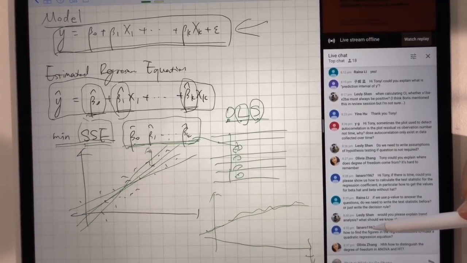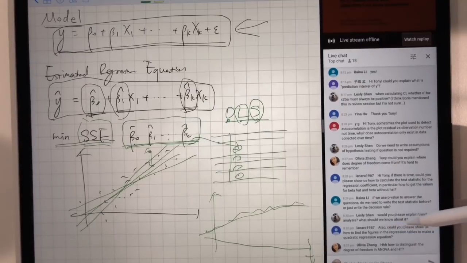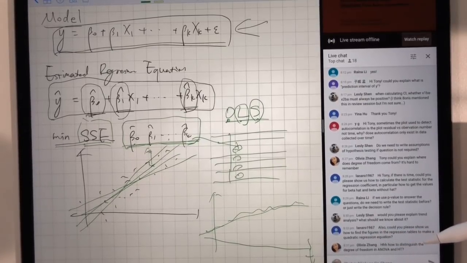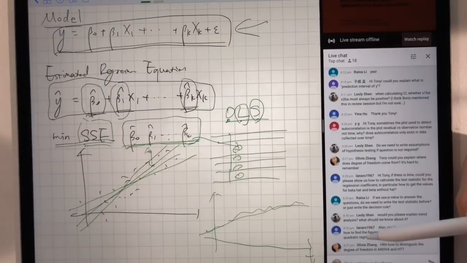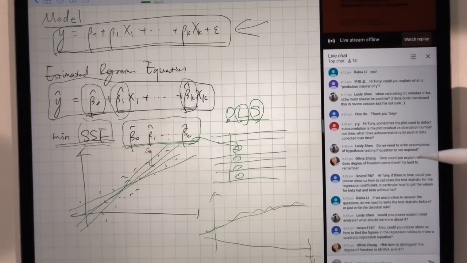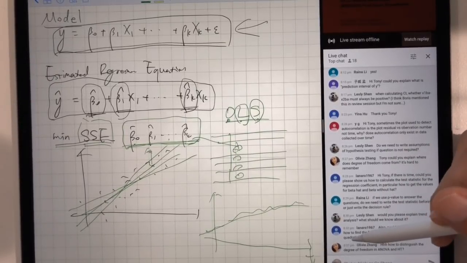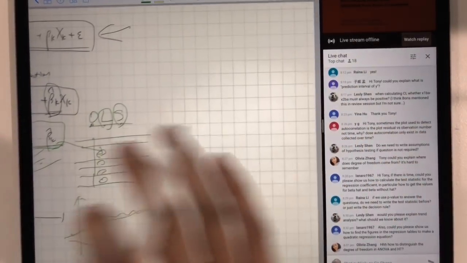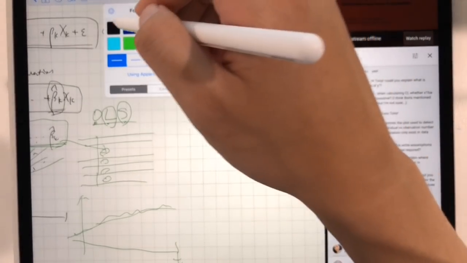Also, could you please show us how to find the figures in the regression tables to make a quadratic regression equation? What do you mean by make? Well, if we only look at figures, we cannot determine whether there exists a quadratic relationship. Instead, what we'll be looking at is the residual, okay?